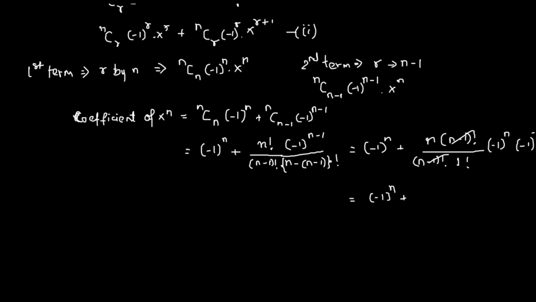Now, we know that negative 1 raised to the power of negative 1 will give us negative 1. So we have negative 1 raised to the power of n times n. So we take the negative 1 raised to the power of n common and we get finally 1 minus n. So this is the final answer.